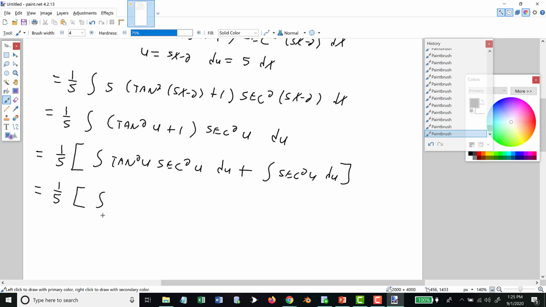Then I'm going to rewrite the tangent squared as tangent u to the second power, secant squared u, du.